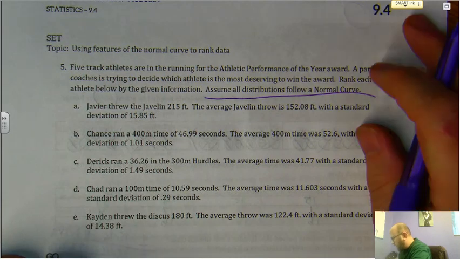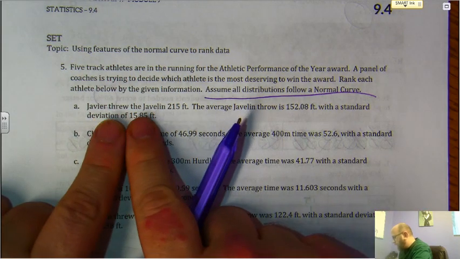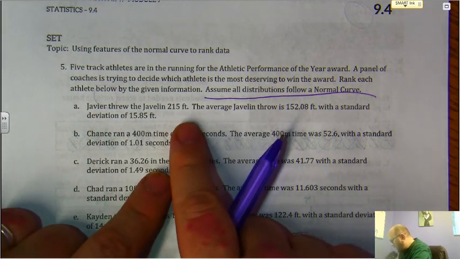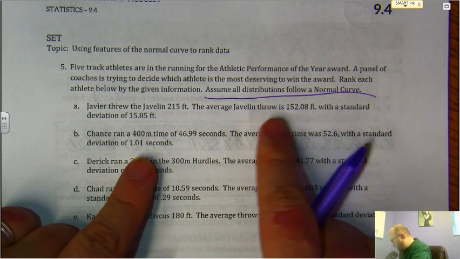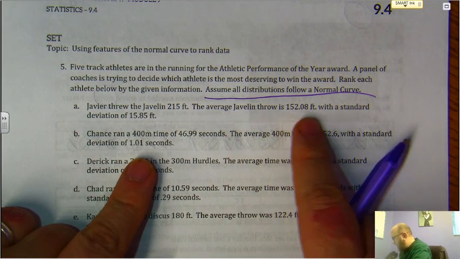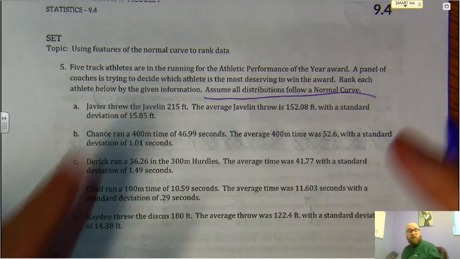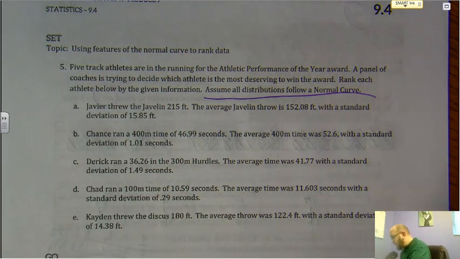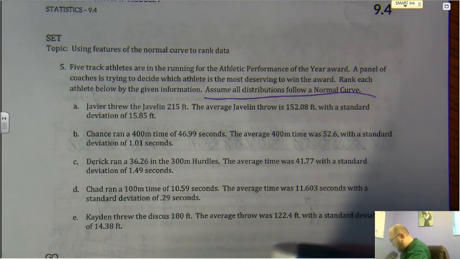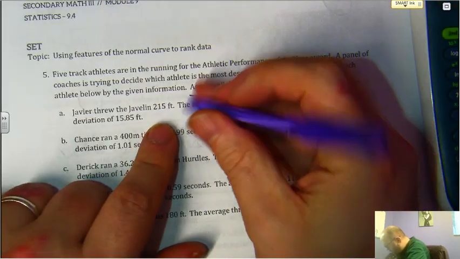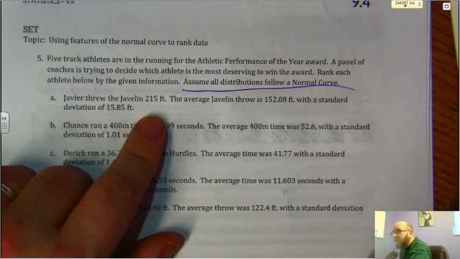That's an important thing. So Javier threw the javelin 215 feet. The average javelin throw was 152.08 feet with a standard deviation of 15.85. So let's go ahead and figure out what the z-score is. To find the z-score, I'll do it in the margin here.